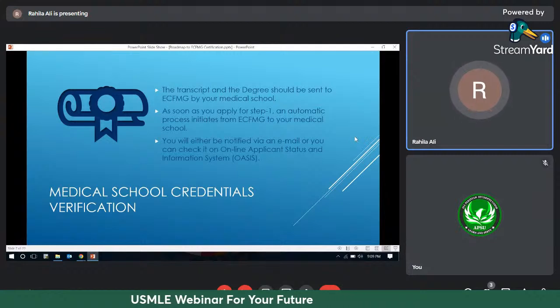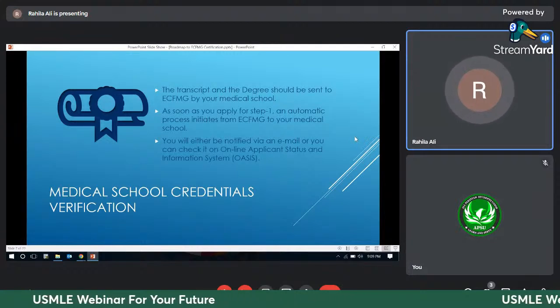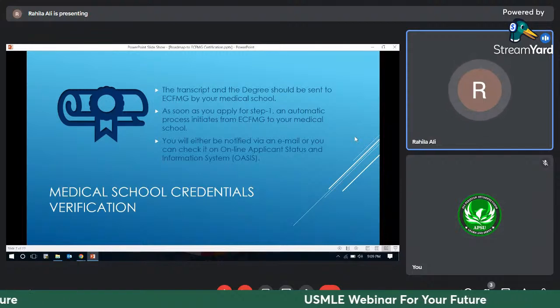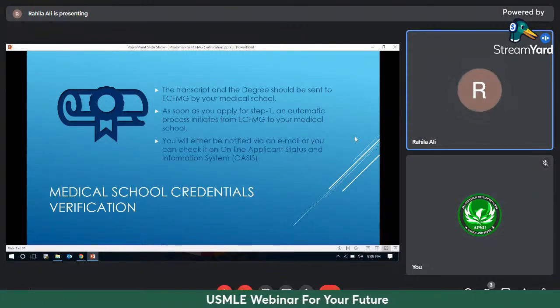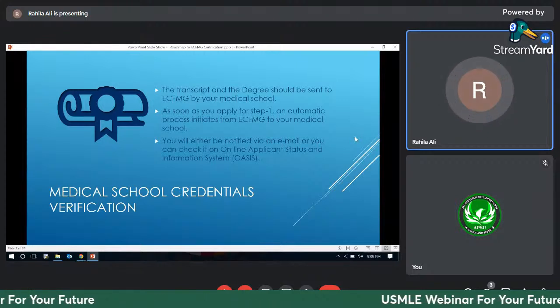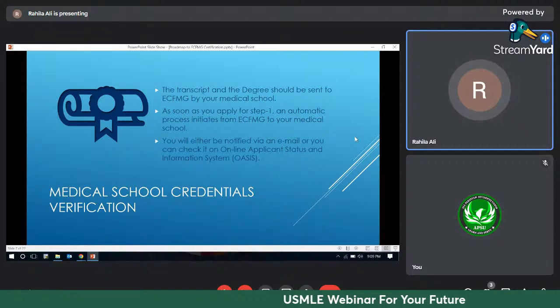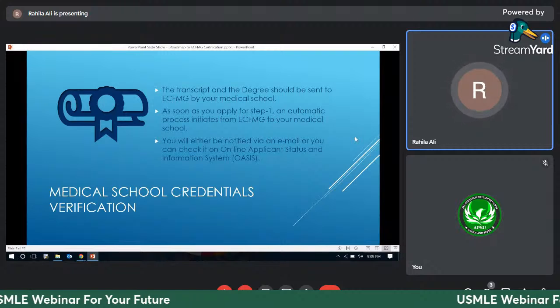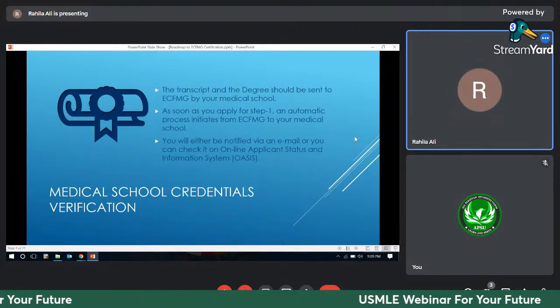The thing about medical school credentials is very important. When I was preparing, I was not aware of all this, so it was a big hurdle for me to find out about it and then apply. The transcript and degree are the two important things that should be sent to ECFMG by your medical school. Once your med school sends them to the ECFMG, you are able to apply for everything online. They will verify you.